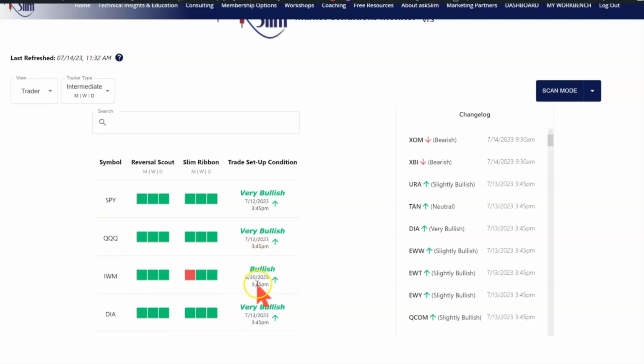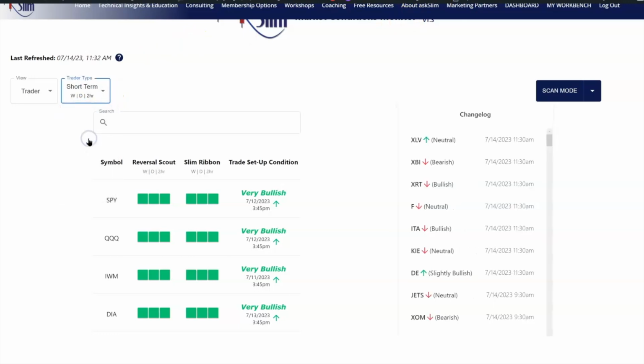The reason that this is not bullish and not very bullish is because the monthly reading here in the slim ribbon is not very strong. In fact, it's negative in the Russell, so that's not very good. But you can see on the intermediate term, it is still quite bullish. When I switch this over to the short term, everything is very bullish, and you can see the dates on there when it changes.